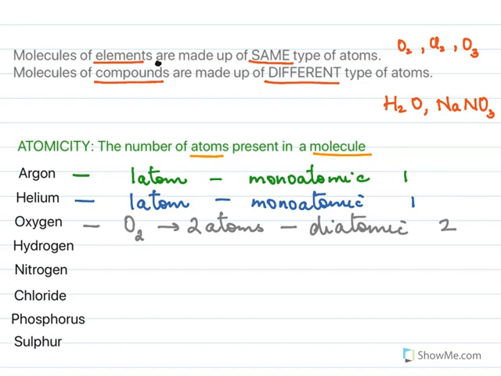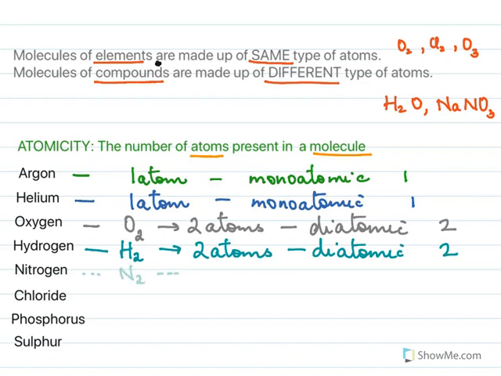Then next we have hydrogen. Hydrogen we know is H2, made up of 2 atoms, and hence diatomic. Atomicity 2. Then nitrogen, N2, made up of 2 atoms, 2 nitrogen atoms, so diatomic.